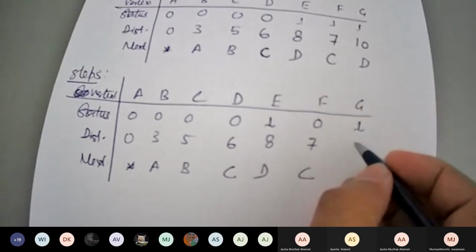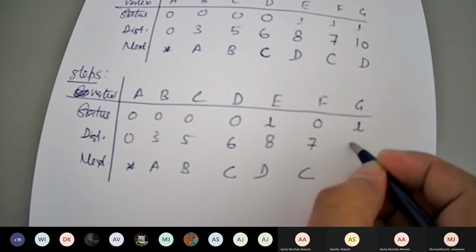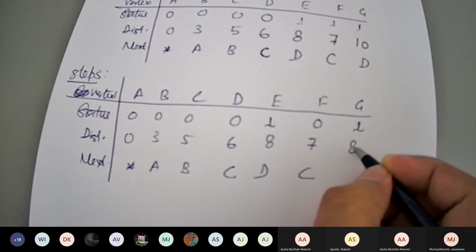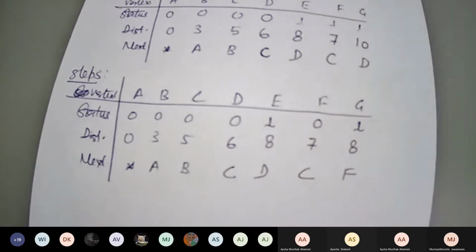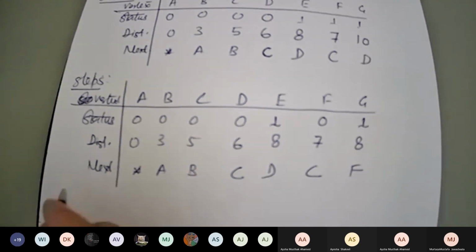So will you change this or not? Yes. So you will write 8, and from where are you coming? F. Okay. Now is step 6.